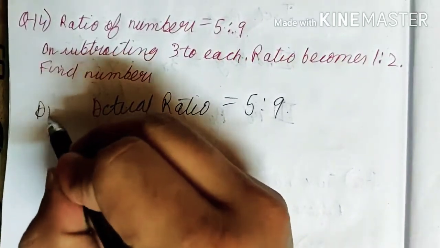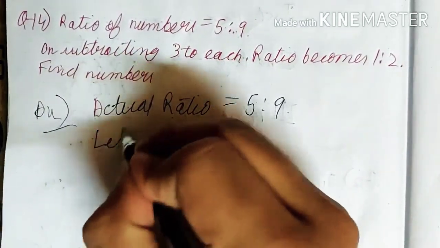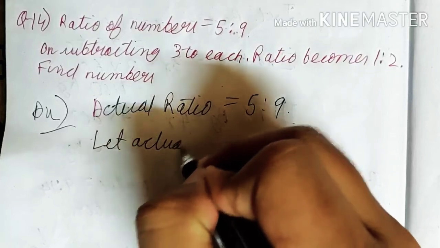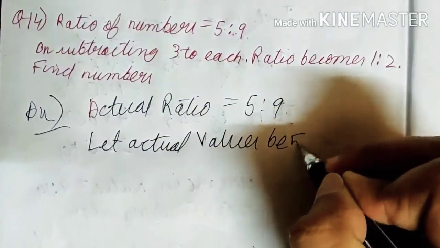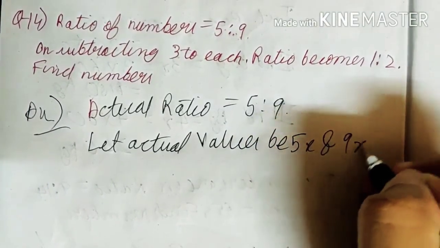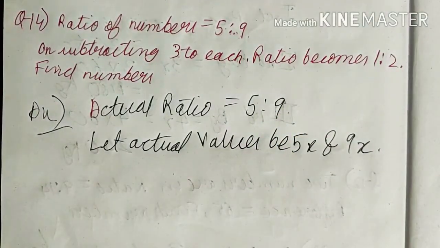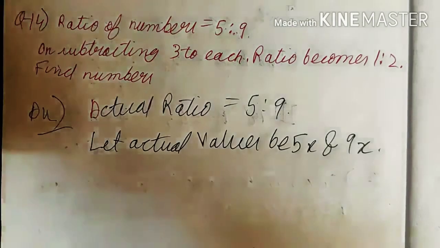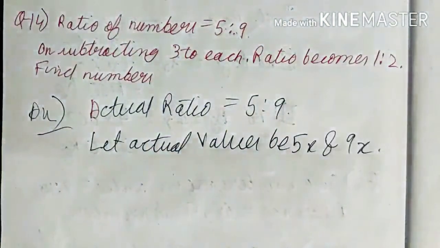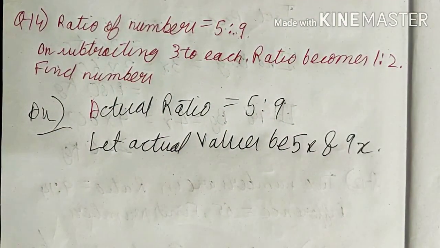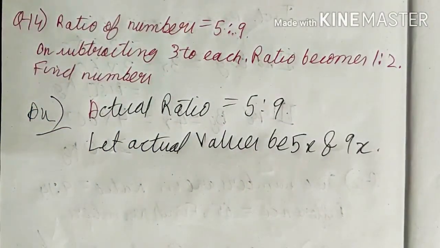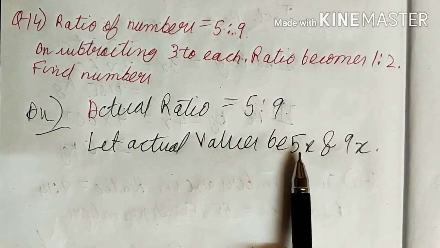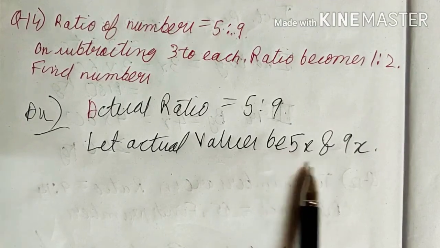So what we will do, let actual values be 5x and 9x. Okay, again here we will find the value of x and then we will proceed with the question. So what is given for the relation of x? The question says that when we subtract 3 from each value, that is, if we subtract 3 from 5x, each value is 5x and 9x.